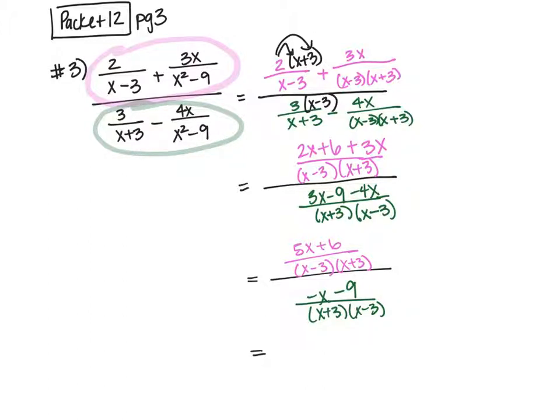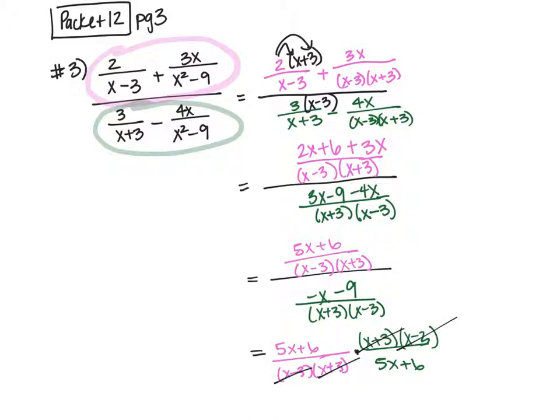So this I can write as 5x plus 6 over x minus 3 over x plus 3. And then I want to multiply this with the x plus 3 and the x minus 3, which is 5x plus 6. So when I'm looking at this here, I can see that the factors wipe out.